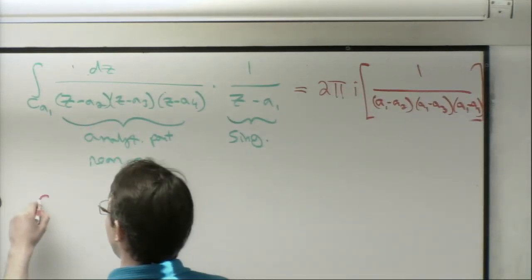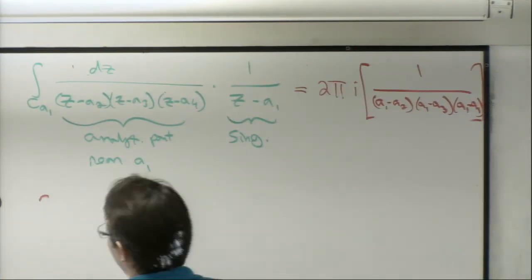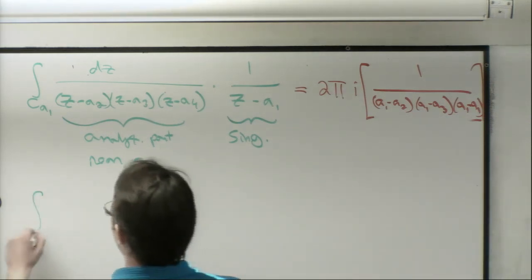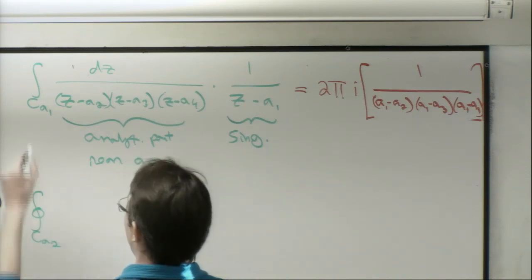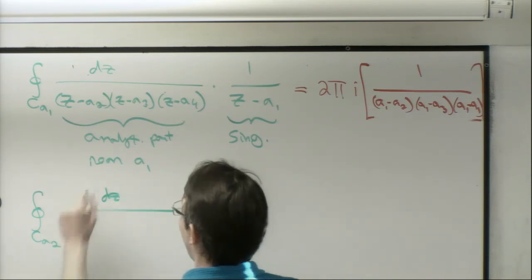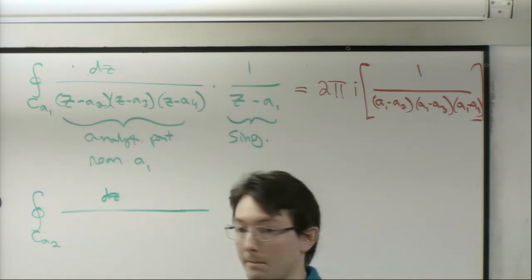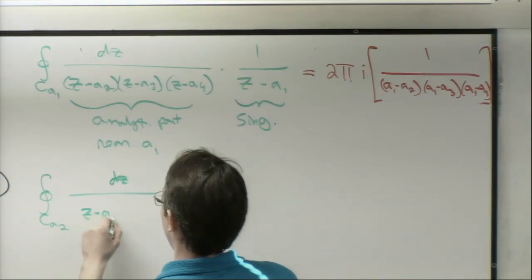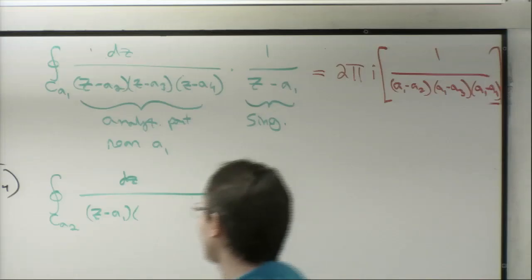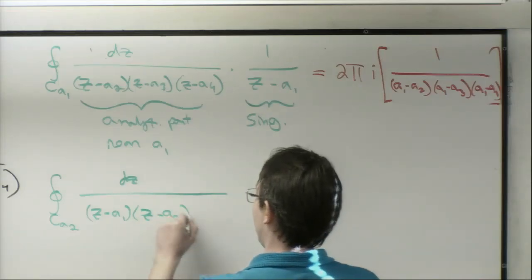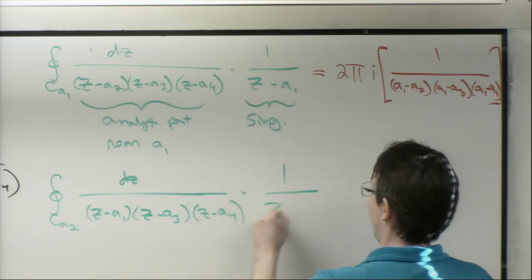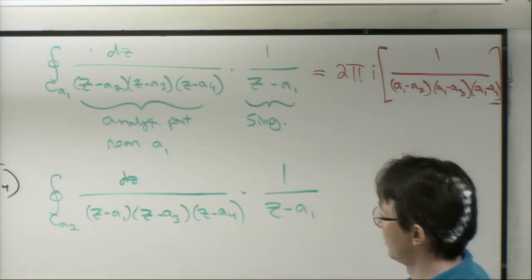Okay, walk me through the second green circle. It's basically the same. Okay, I want to hear from you all. How do I do the second green circle? Integral of c around a2, dz. And what do I want on this left side? Right, I want the analytic part, which is everything but the pole: z minus a1 times z minus a3 times z minus a4 times my singularity, 1 over z minus a2.